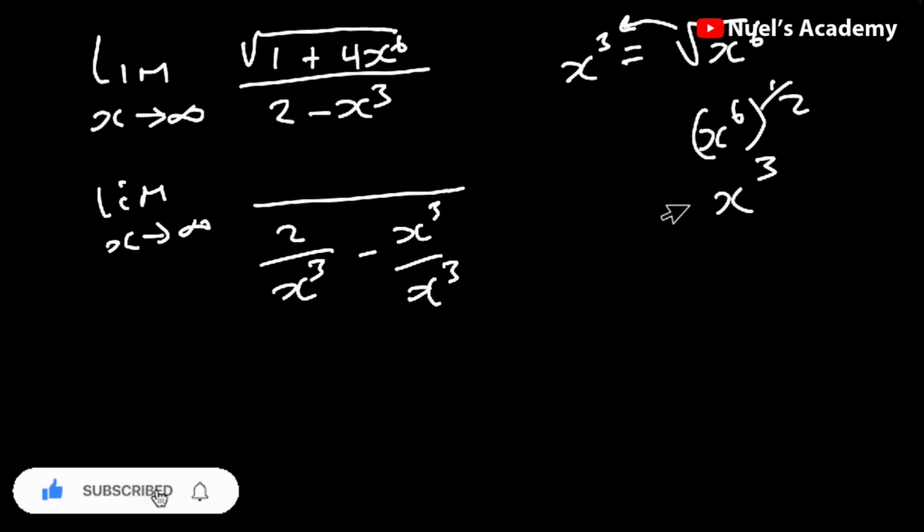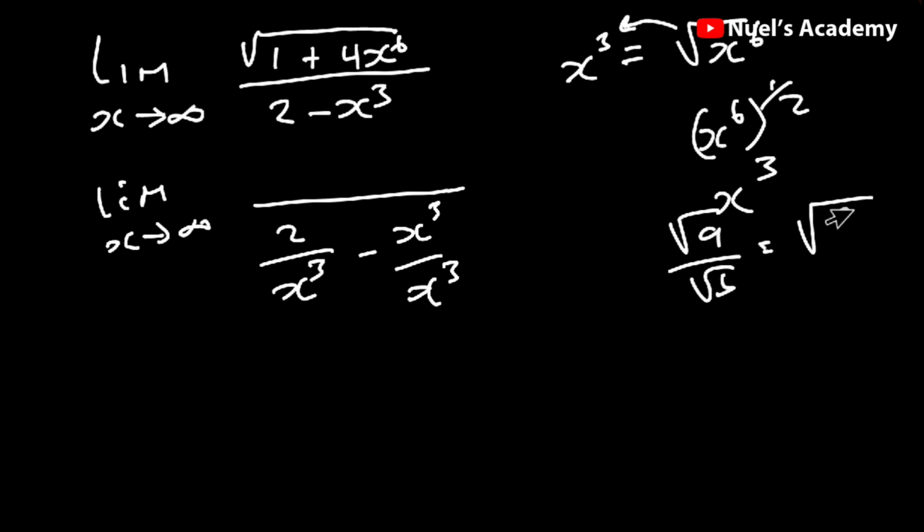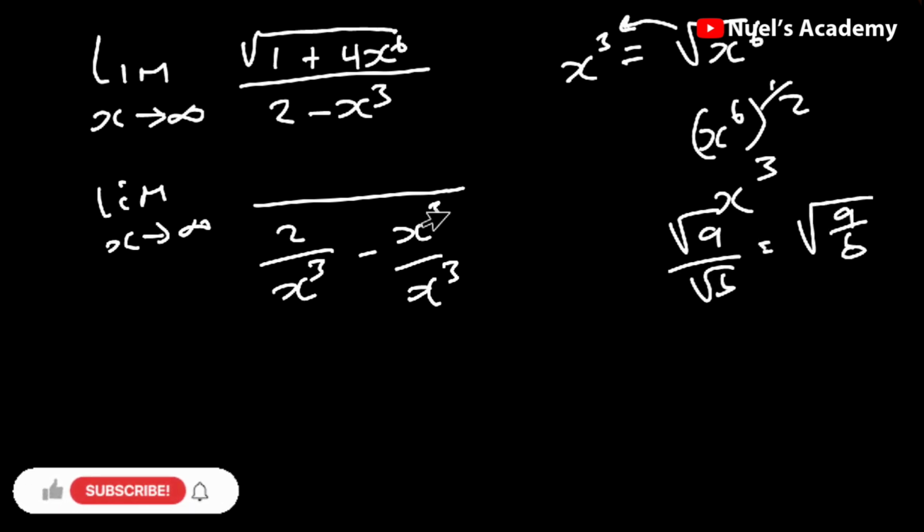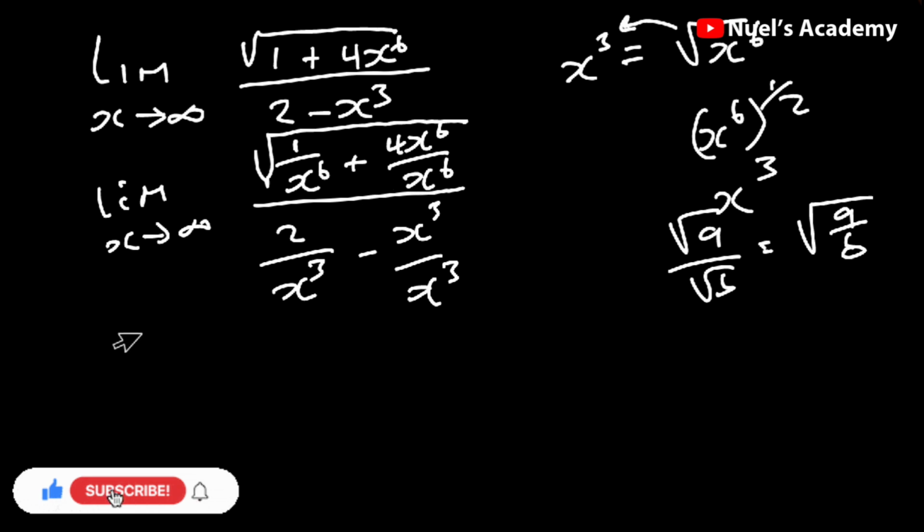We also know that square root of a over square root of b can be written as square root of a over b. So I'll go ahead and divide each term in the numerator by x raised to the power 6. We're going to have the square root of 1 over x raised to the power 6 plus 4x raised to the power 6 over x raised to the power 6.